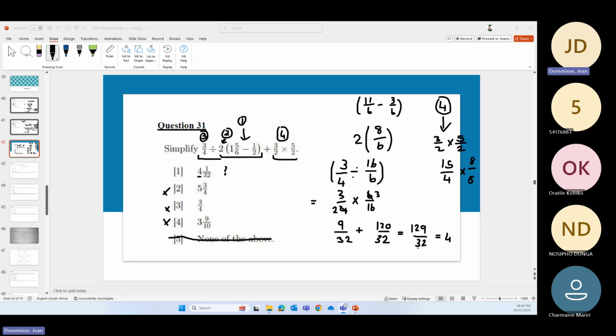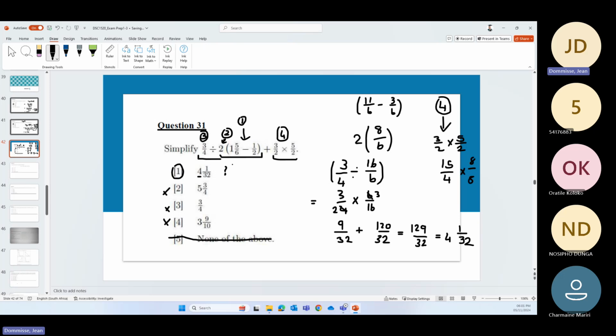So 4 times 32 gives me 128. So we then know there's only one left. So we've simplified that to 4 and 1 over 32. And then if we look at that, 4 and 1/32 is option 1. Okay, so that is how we would have simplified that.